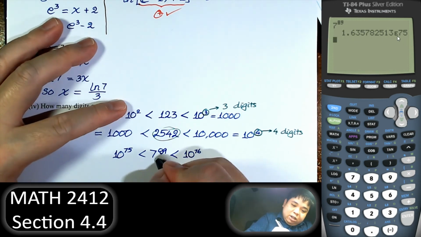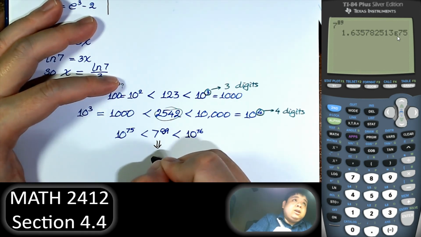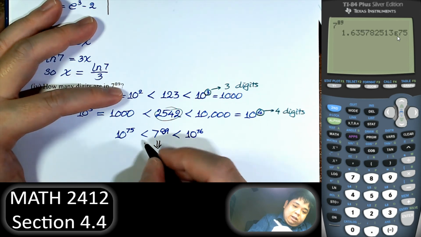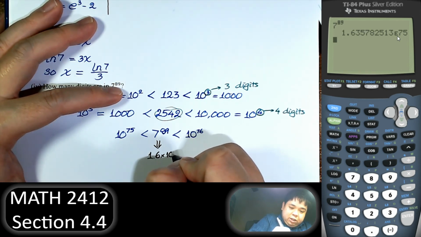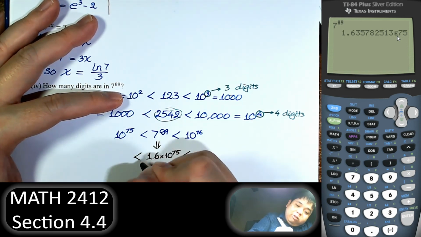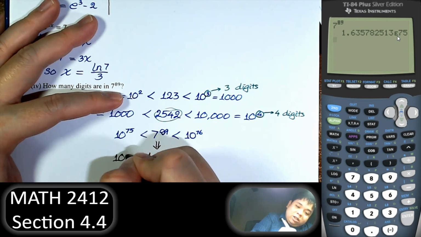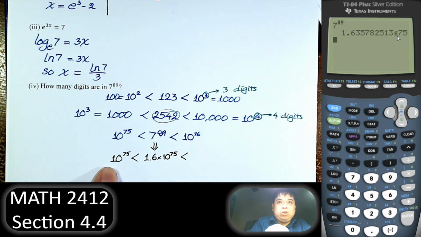So if I rewrite this number as 1.6 times 10 to the 75, first of all, it is going to be greater than 10 to the 75 because it is 1.6 times that, so it's bigger.